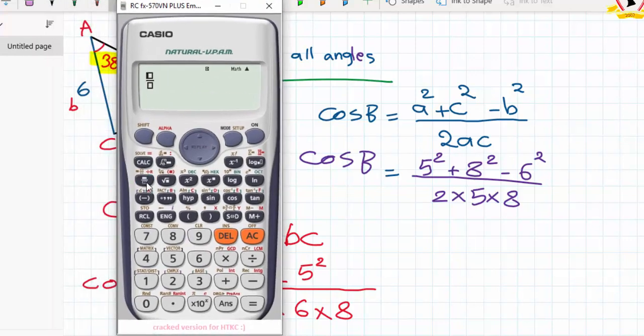Again, fraction, 5 squared plus 8 squared minus 6 squared over 2 times 5 times 8.